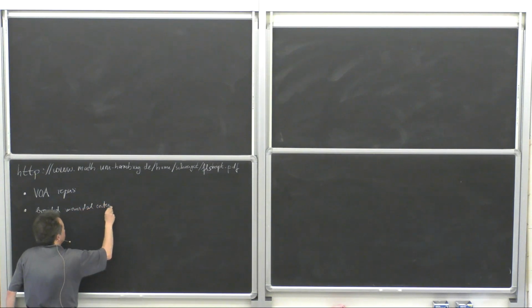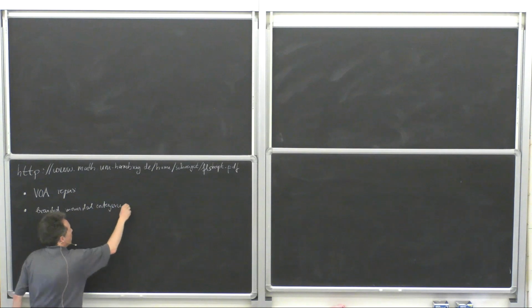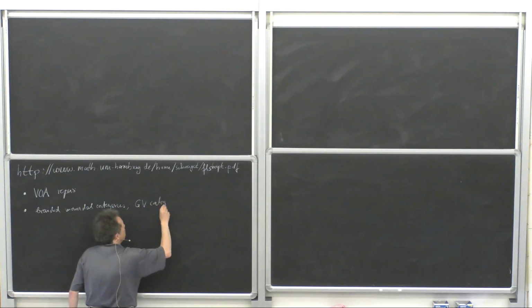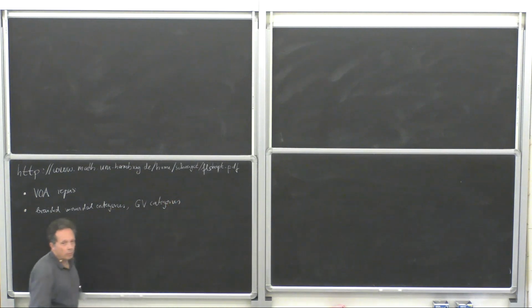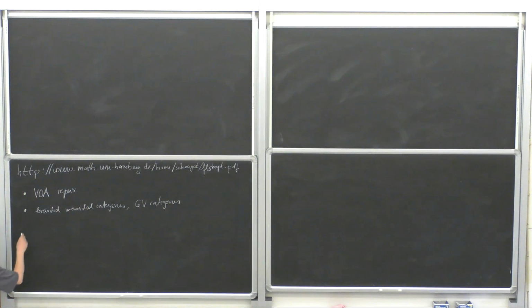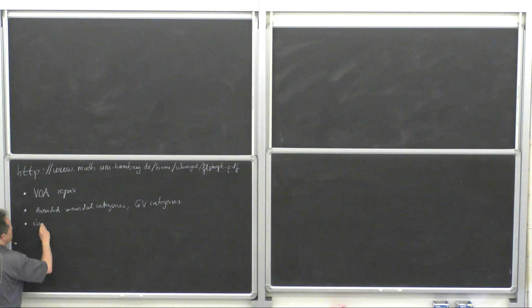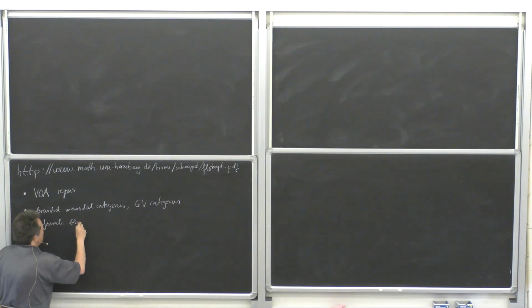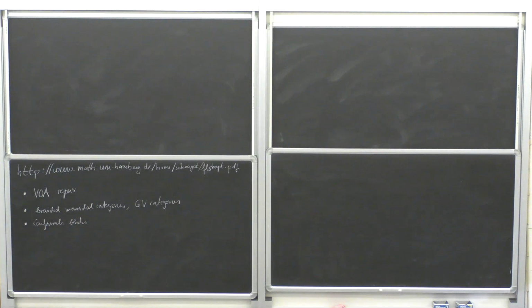And they have a nice duality structure. In general, they are so-called Grothendieck-Verdier categories. We will not work with Grothendieck-Verdier, but I will mention this at least. They get these properties from conformal blocks. And conformal blocks have a twofold role in this setup.